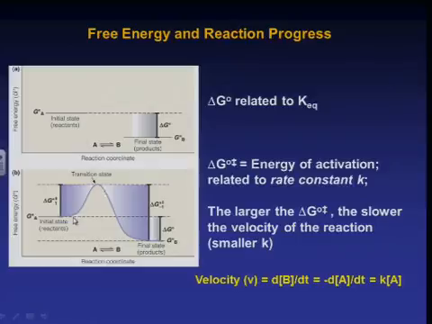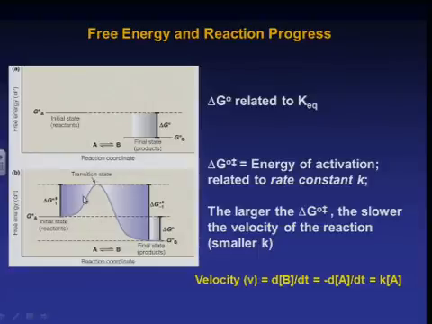So then the question is, if delta G0 is telling us something about the equilibrium constant, which we refer to as a capital K, this delta G double dagger, or this energy of activation, that's related to the rate constant little k. All right? So remember, equilibrium constant, reflective of the delta G, large K. The rate at which the reaction occurs is going to be dependent on how high this bump is.